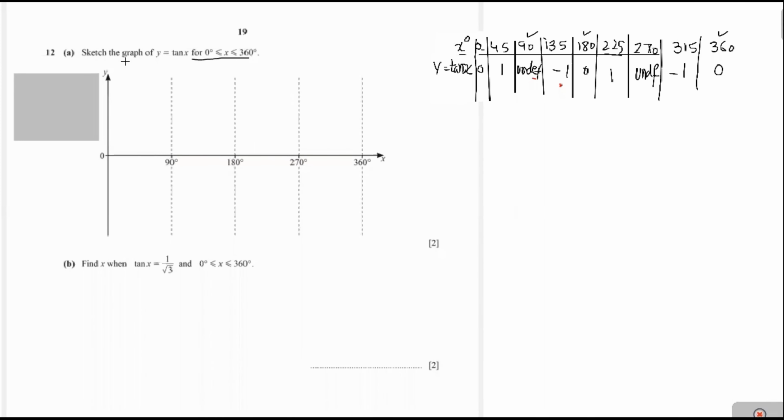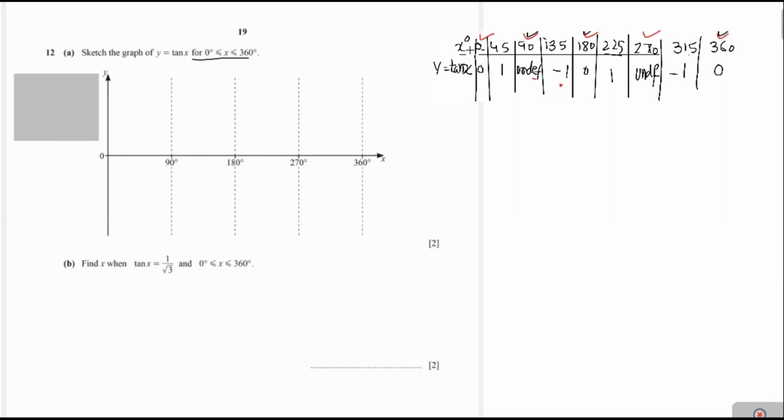Question number 12, part A: sketch the graph y equals tan x, for x greater than 0 to less than 360. Now we take the values here: 0, 90, 180, 270, 360. And also take the middle of these values: 90 to 0 is 45, 180 to 90 is 135, same here 225 and 315.